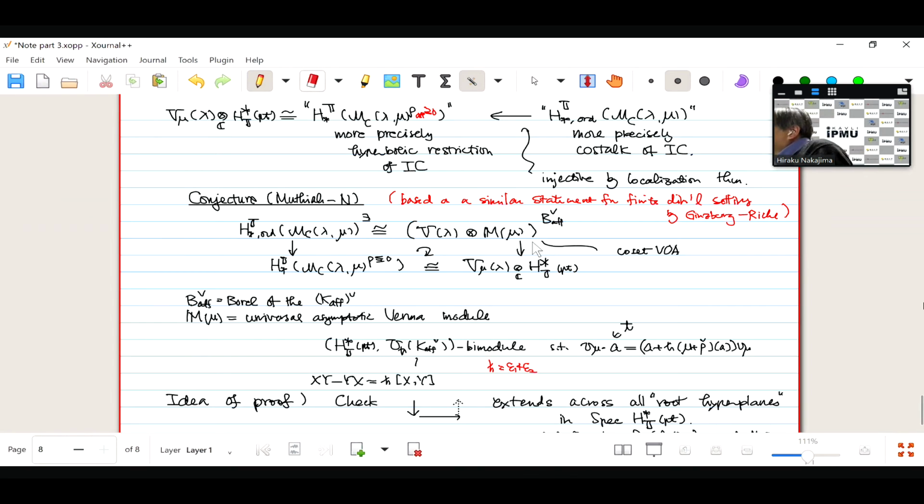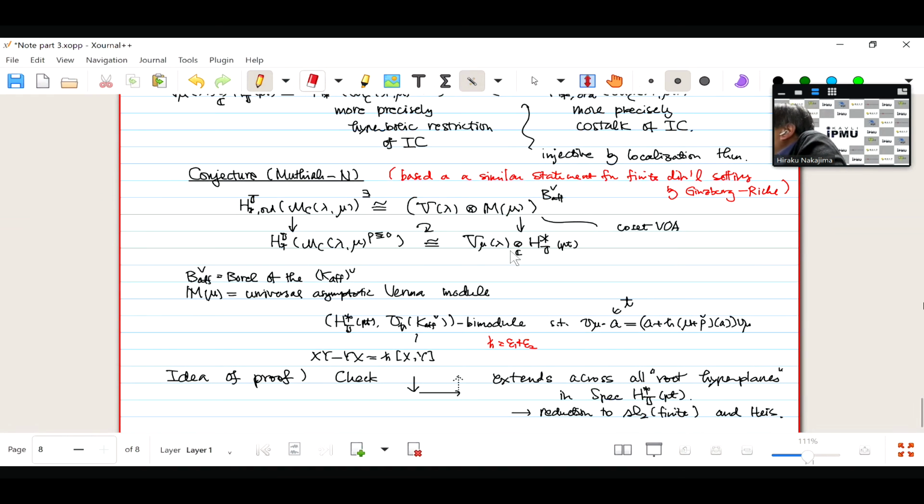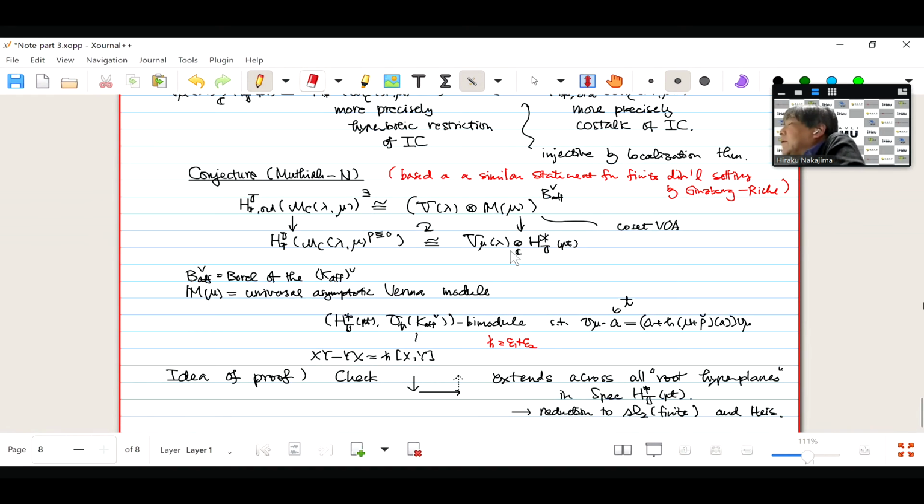Anyway, there is some simple construction from here. So now, somehow we believe that this formulation in fact simplifies the proof of AGT even for the level 1 case, and it works for higher rank cases.